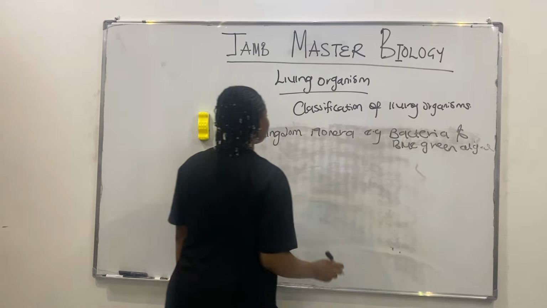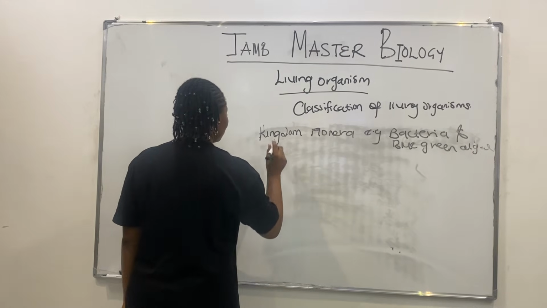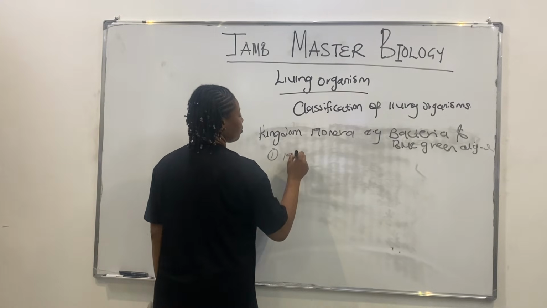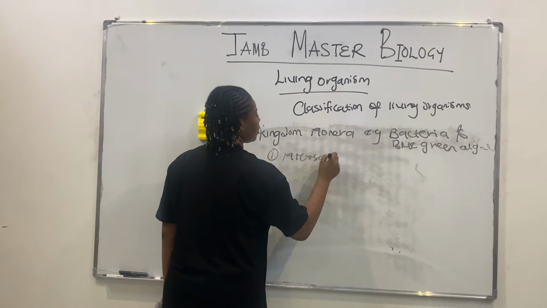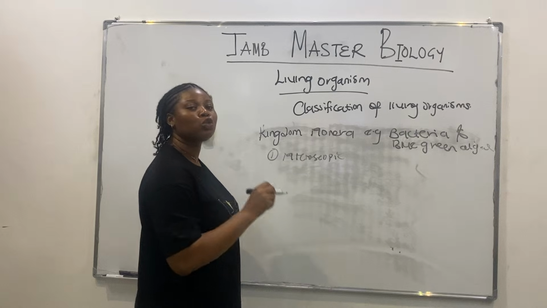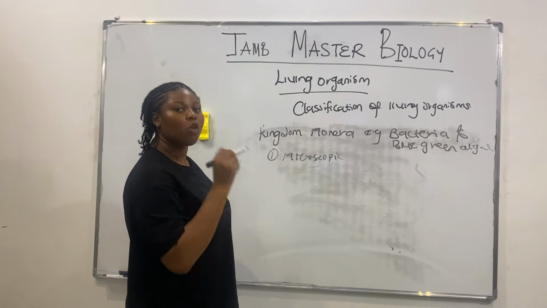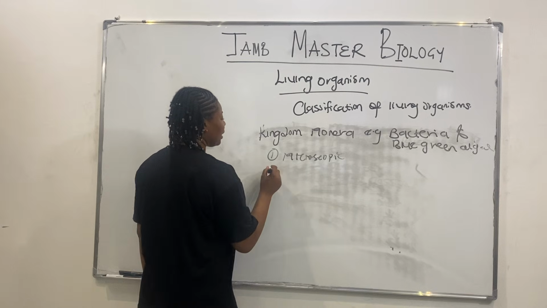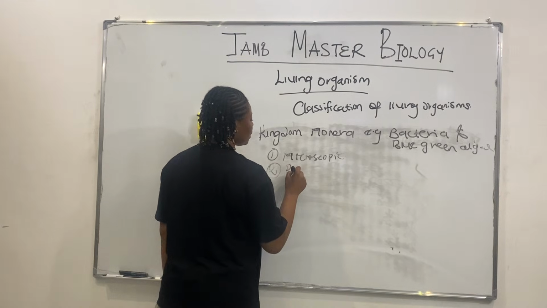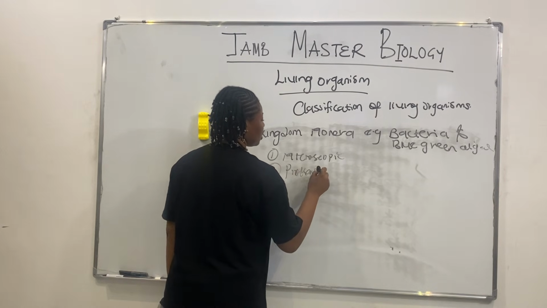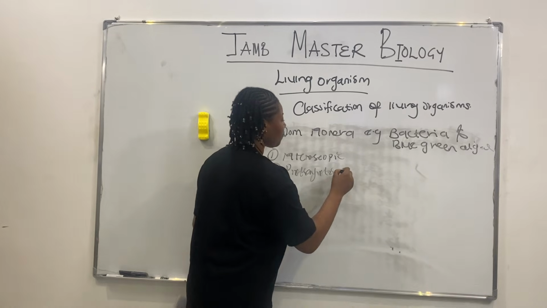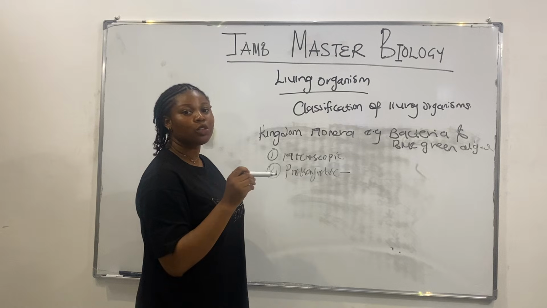Now there are characteristics of kingdom Monera that you must note, and one of them is that they are microscopic, which means that you cannot see them with your naked eye. You need to see them with the aid of a microscope. Another characteristic is that they are prokaryotic. Prokaryotic means that they do not have an organized nucleus.